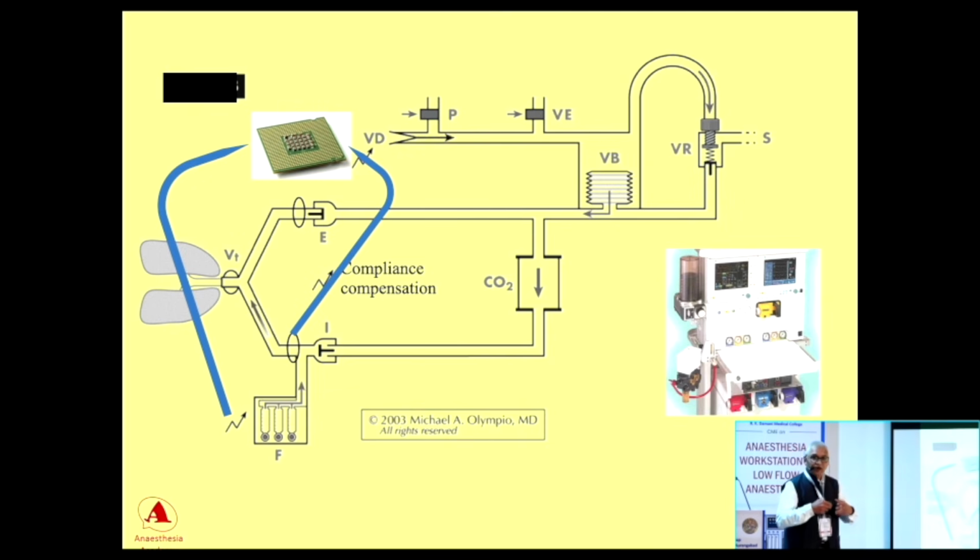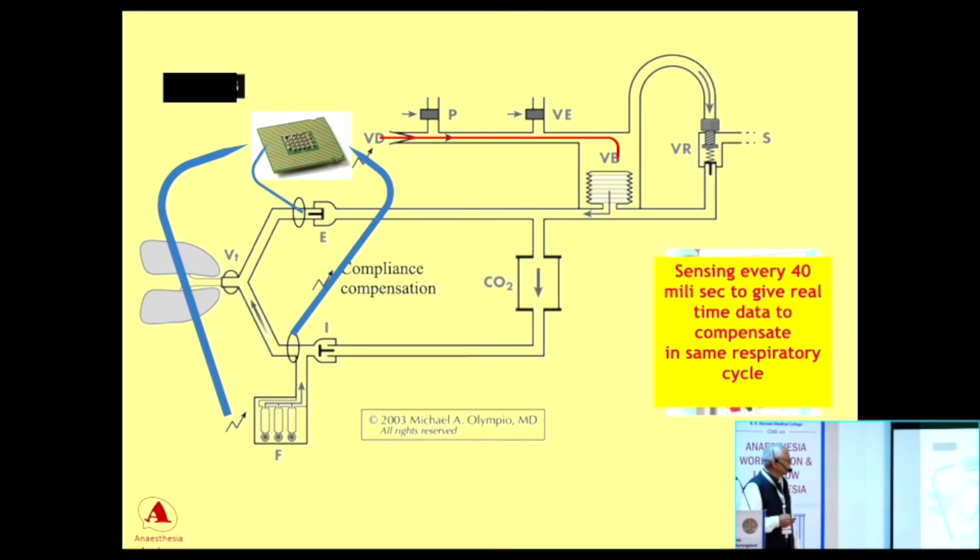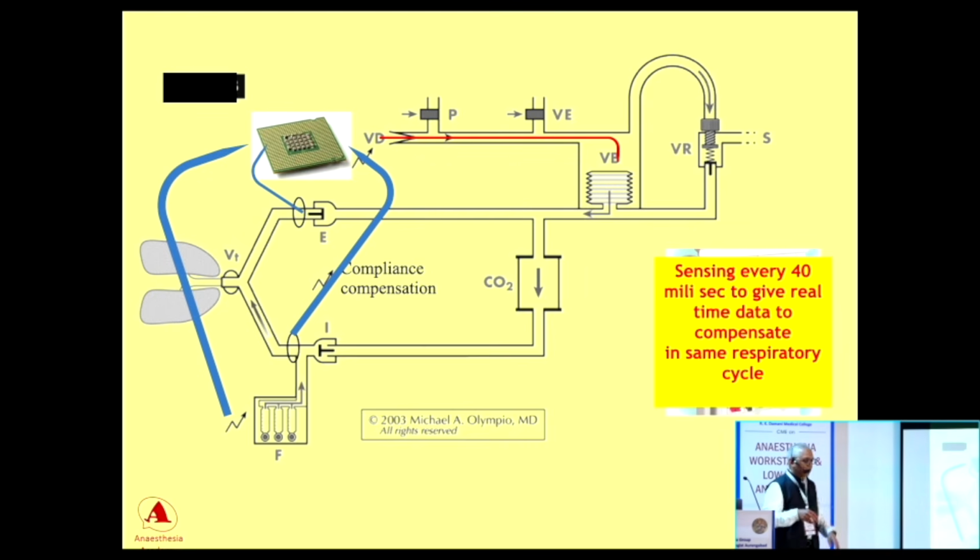So within 1 second, which is the inspiratory time, they measure the tidal volume and change the dynamics. This would be slightly better than the other technology where the sensing would be slightly less effective.